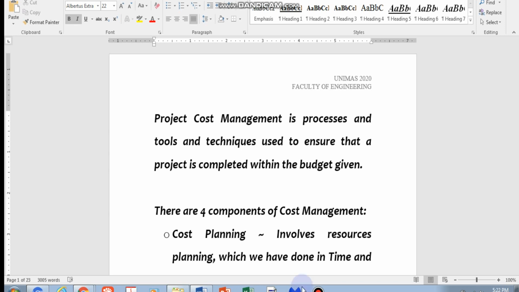So there are three words here that you really need to look into: costing, estimates, and budget. These are the three very specific words that you have to understand about cost management.